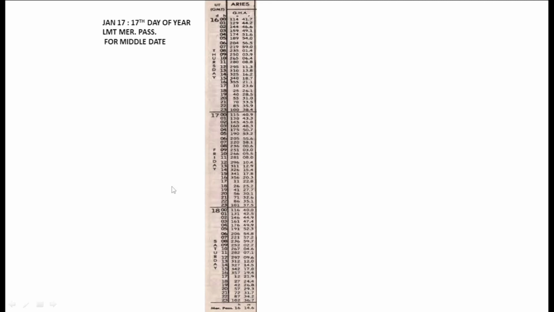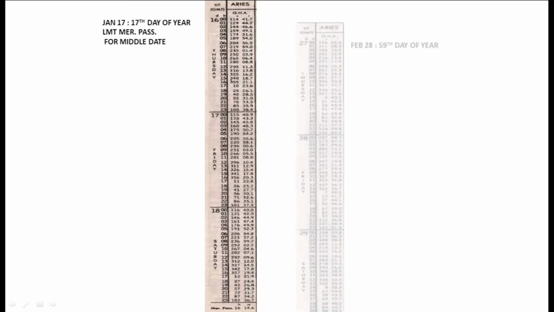So when we are talking about Aries, here we have been given the meridian passage of Aries. This is your LMT meridian passage, and we talked about how these certain things can be taken. Of course, everything is in Greenwich Mean Time, but like sunrise, sunset time, twilight time, all that can be taken as local mean time also, which I had explained in one of my previous lectures.